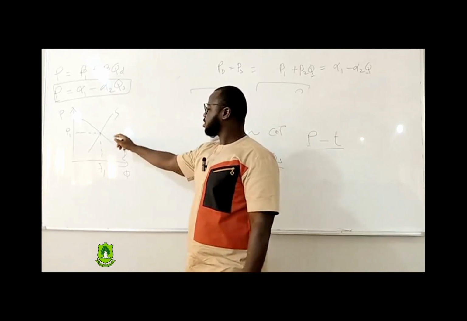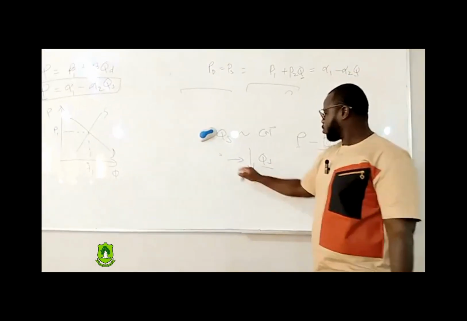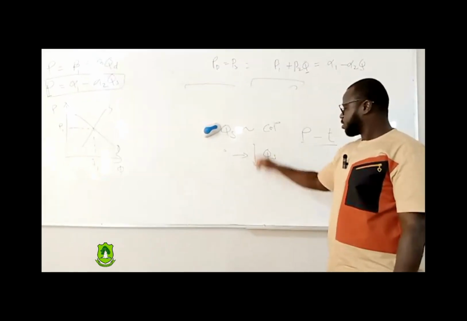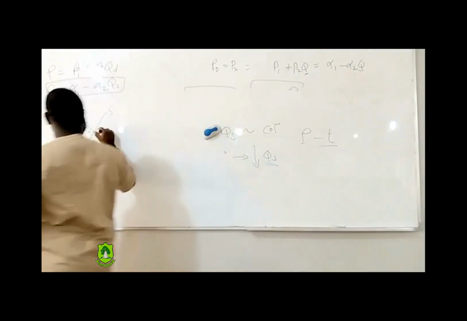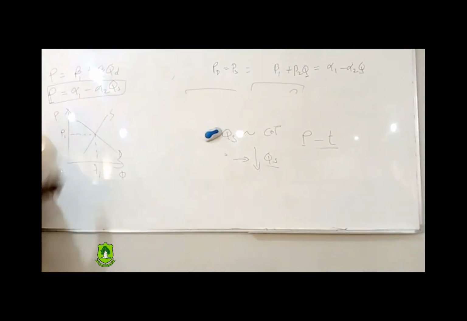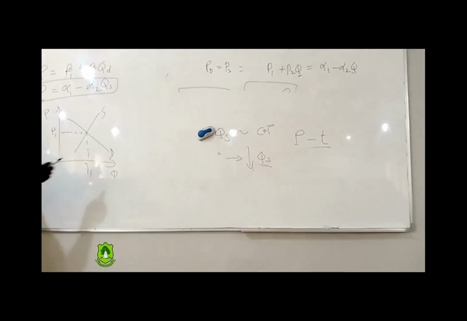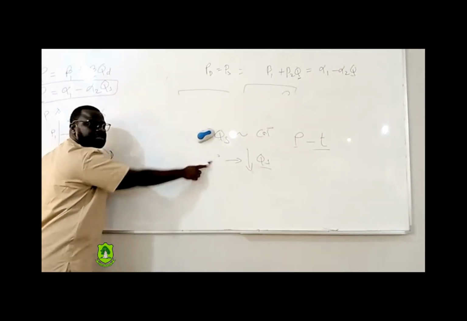So in this particular case, government is imposing taxes. So remember, what will happen to supply? It will fall. Will the supply curve shift, or will there be a movement? It will shift. Excellent. Because this is a factor not related to the price. Good.